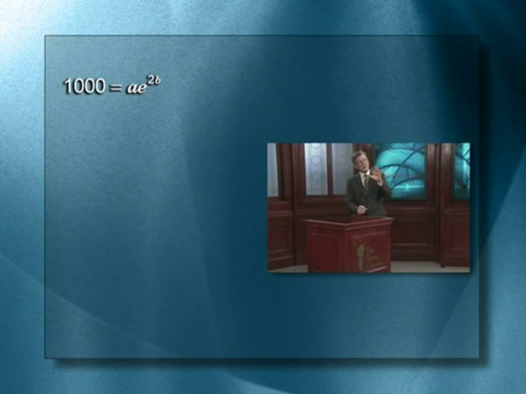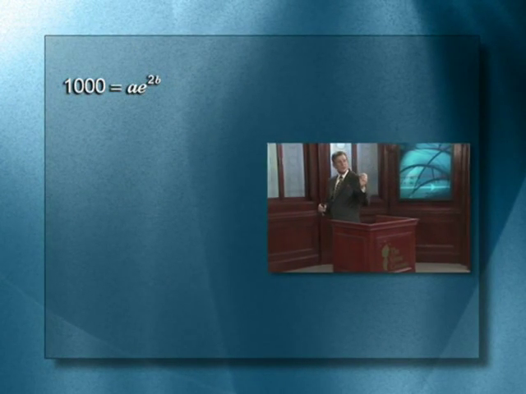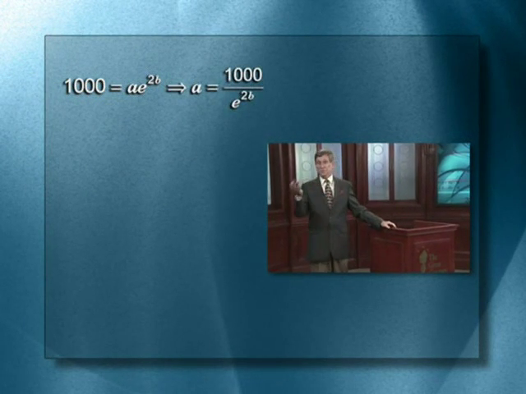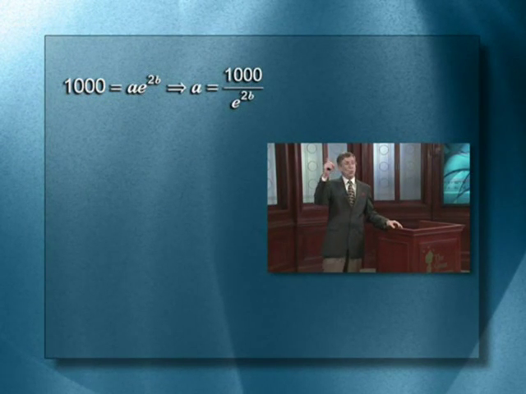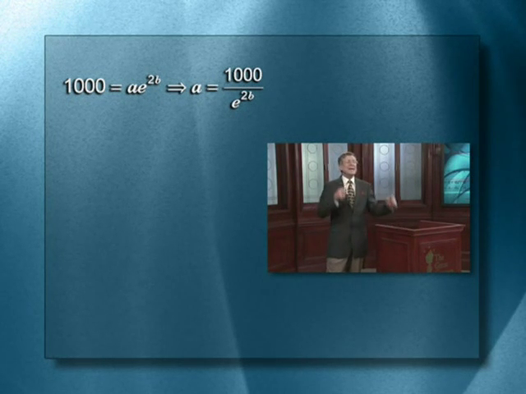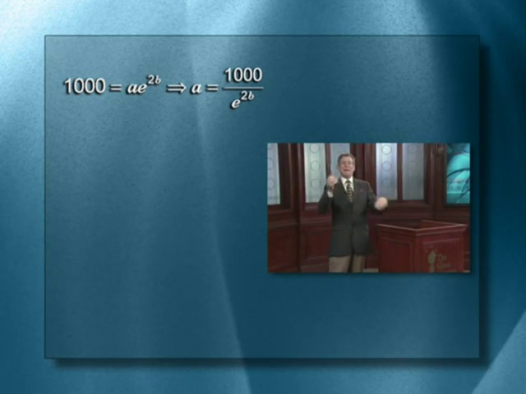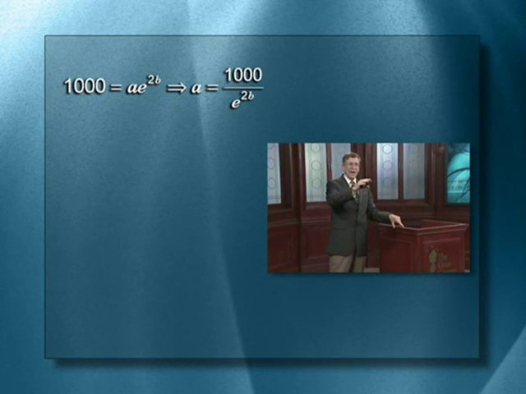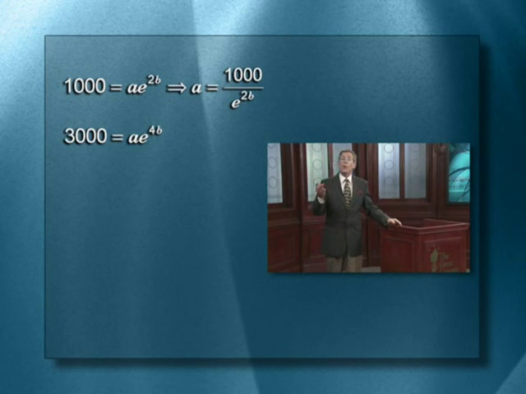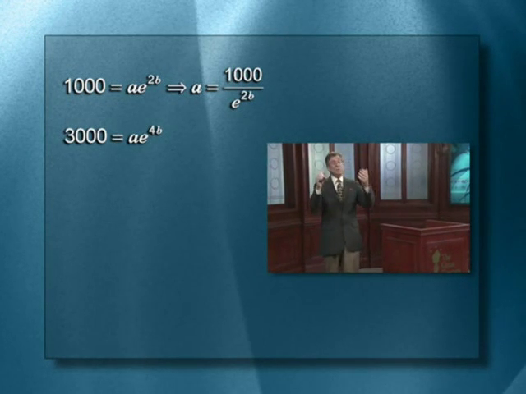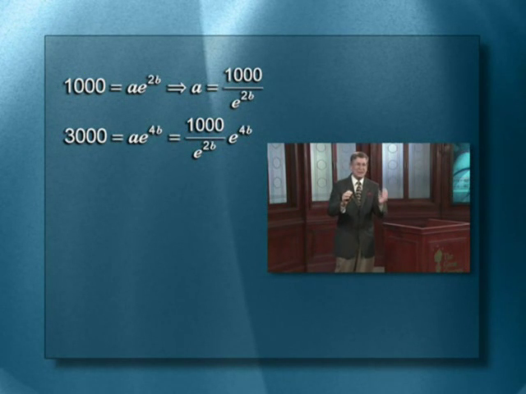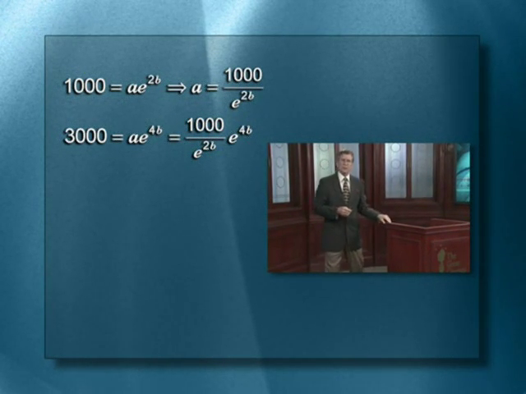Okay, the first equation, 1,000 equals ae to the 2b, I can solve for a in that equation in terms of b and get a equals 1,000 divided by e to the 2b. Now take the second equation and plug in this new value of a. So 3,000 equals ae to the 4b, but instead of a, put in 1,000 divided by e to the 2b, times e to the 4b.